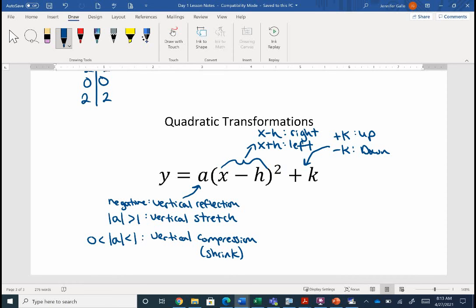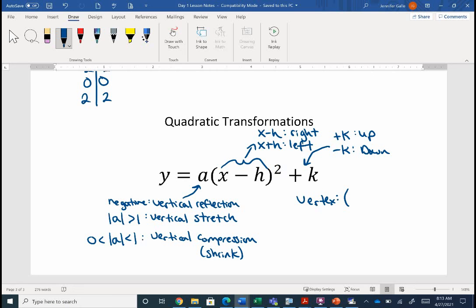Now, we also noticed yesterday, super key point on our graph was the vertex. If we can find the vertex, that makes life really, really easy. So the vertex is always an ordered pair.